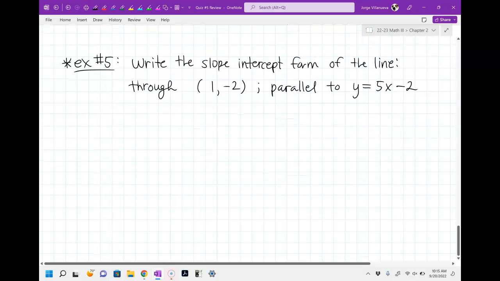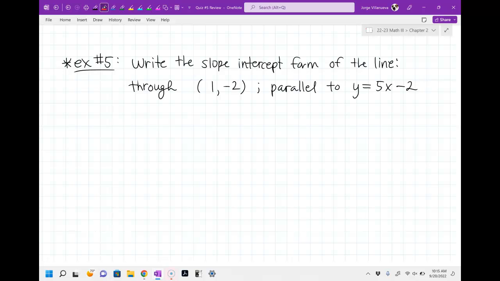Something like that. Write the slope-intercept form of the line through the point 1, negative 2, that's parallel to y equals 5x minus 2. Does anybody remember what the first thing was that I did when I started doing these problems?